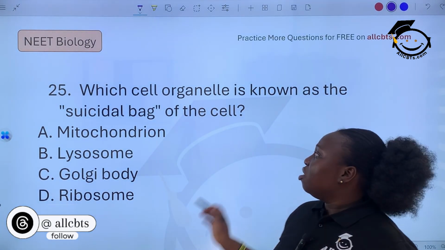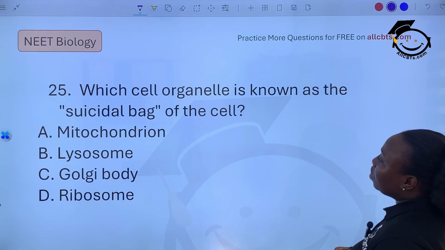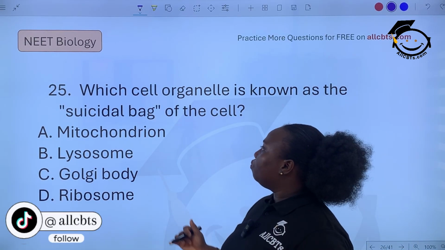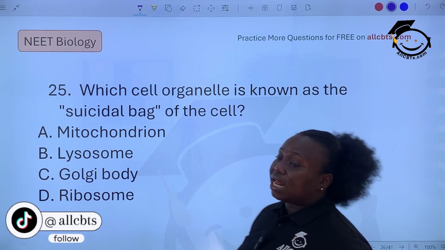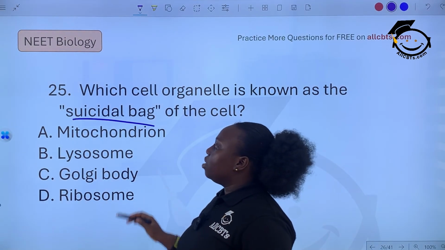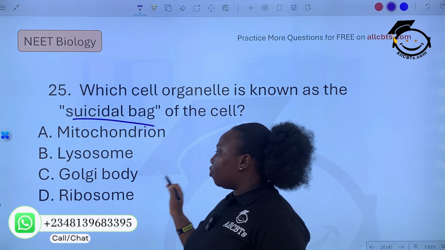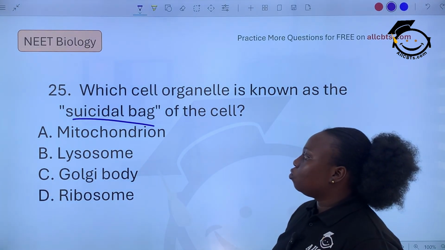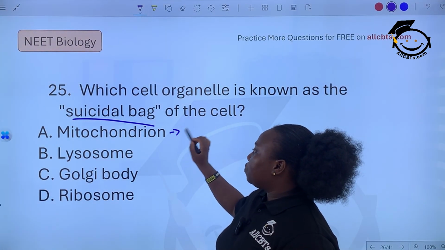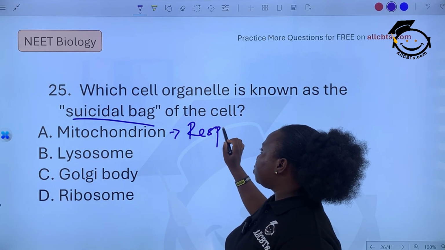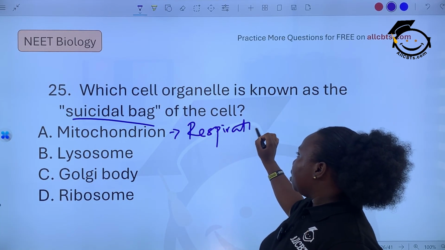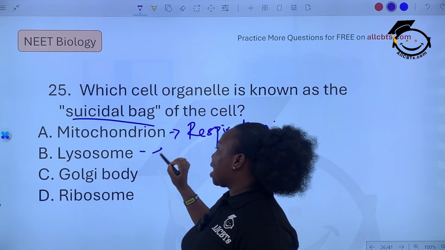Number 25, which cell organelle is known as the suicidal bag of the cell? A, mitochondrion. B, lysosome. C, Golgi body. D, ribosome. Now the mitochondrion is for respiration in the cell. Lysosome is an enzyme.